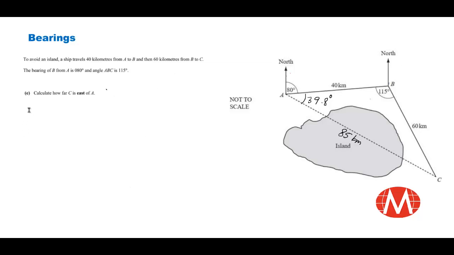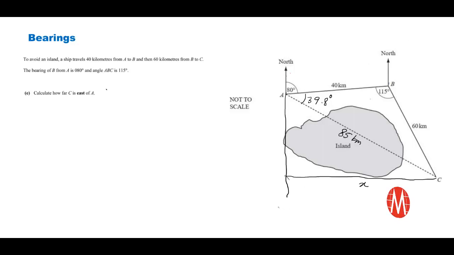The last part of the question is to calculate how far C is east of A. If you extend this north downward, then from this north, this is the east of A, and we have to find how much this distance is.